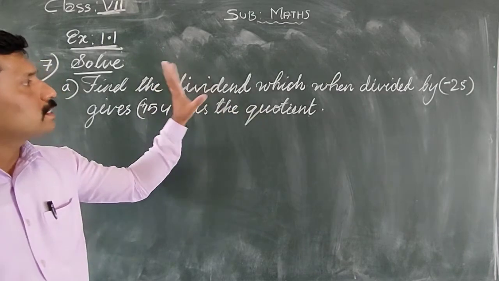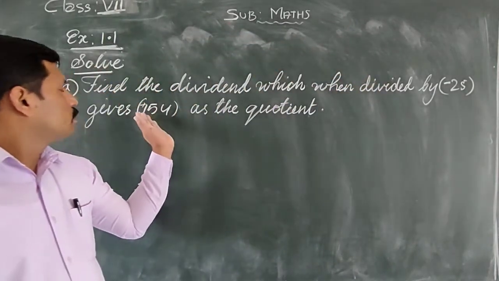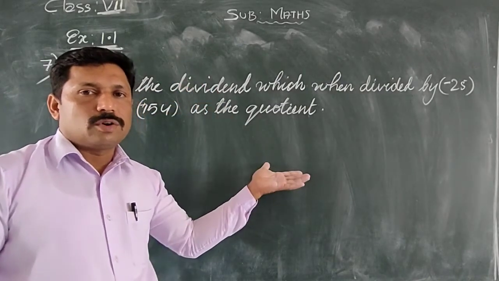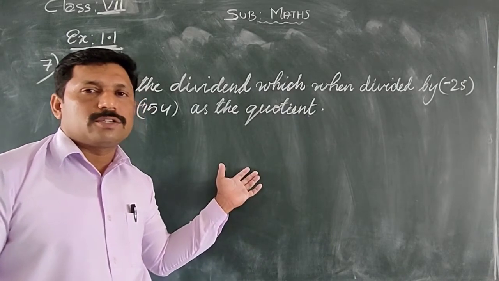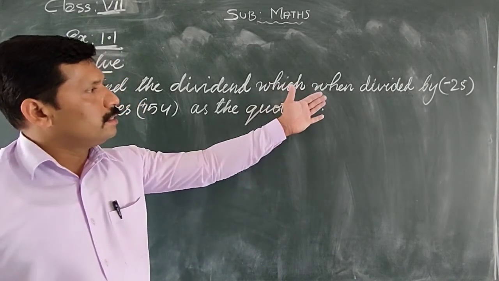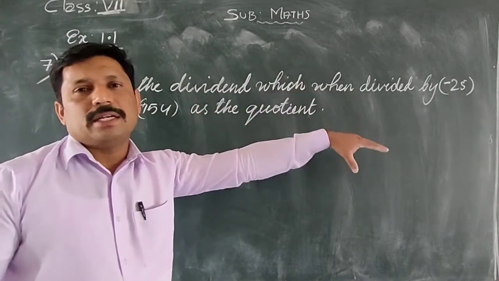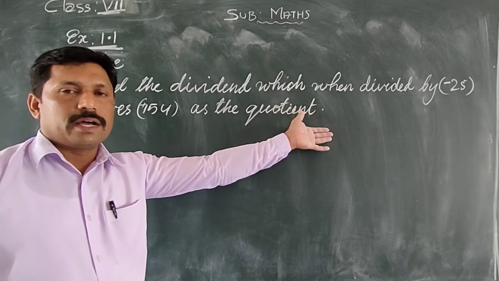Then which number is divided here? What's the dividend? The divisor is given and the quotient is given. We have to find the dividend. Remainder is not given. Divisor into quotient plus remainder is equal to dividend, but remainder is not there.